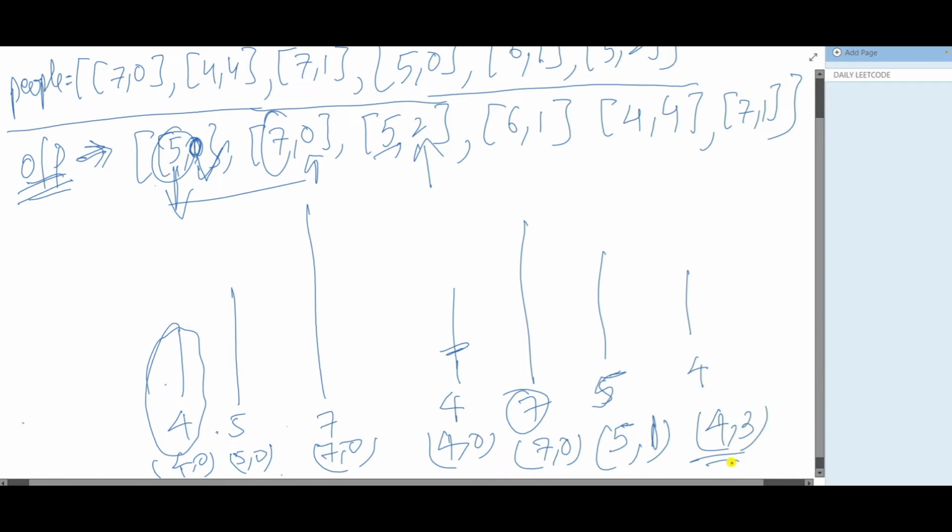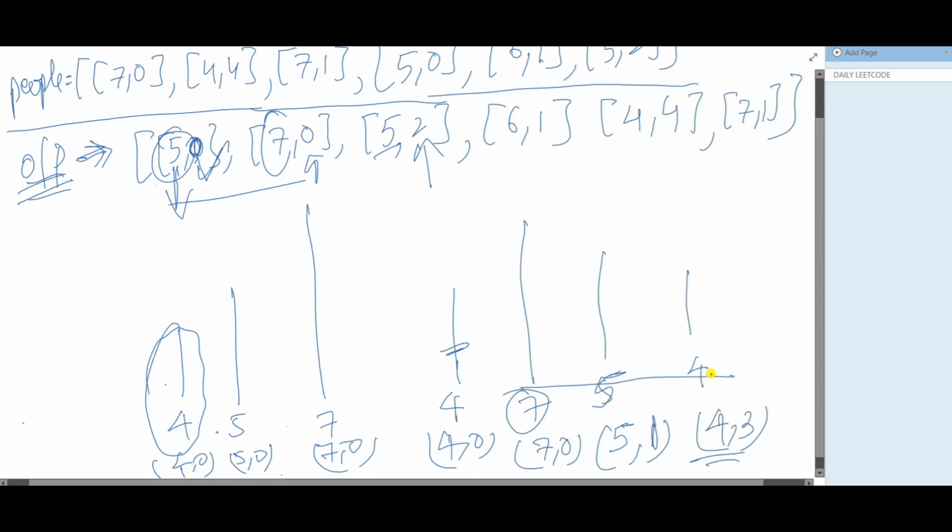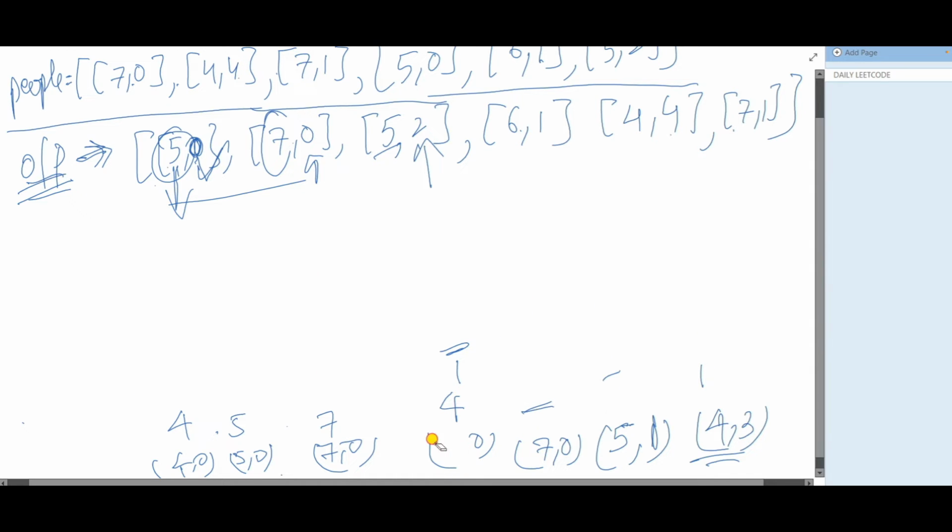So now one thing is pretty simple if you think naturally. What does matter is how you sort this thing by the height of the person. So what I am thinking of is, let's sort this array in descending order of the height.